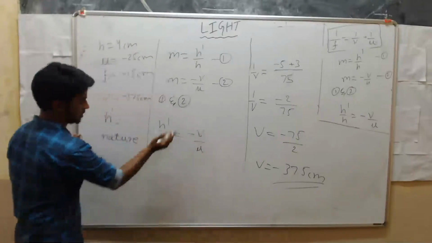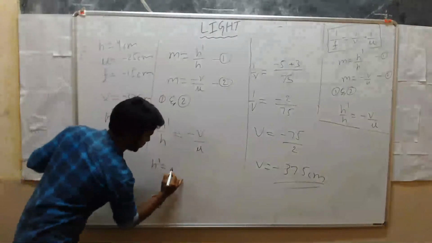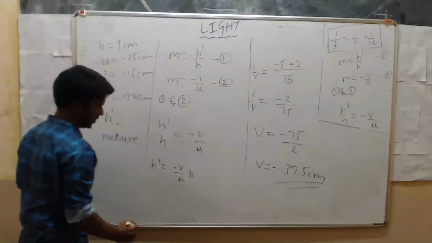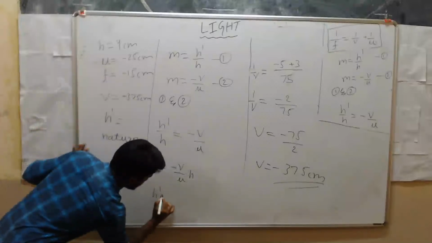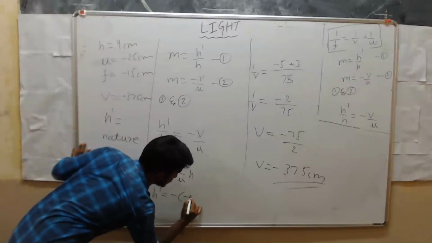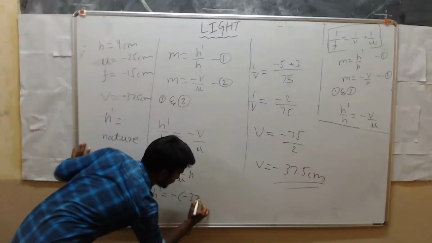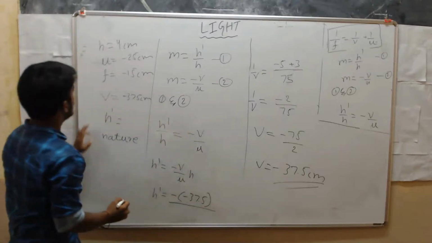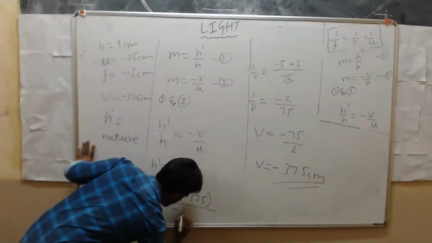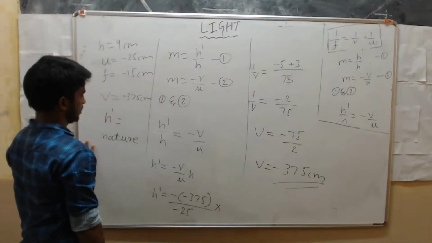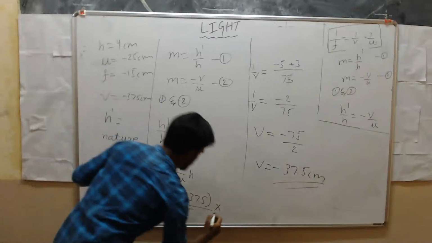Now take h to that side, so h dash equal to minus v by u into h. Substitute the values: h dash equal to v value minus 37.5 divided by u value minus 25 into h value, that is 4 centimeter.